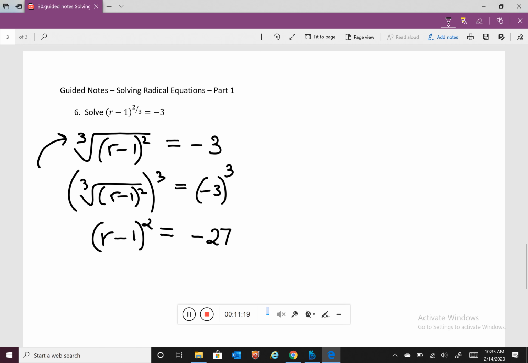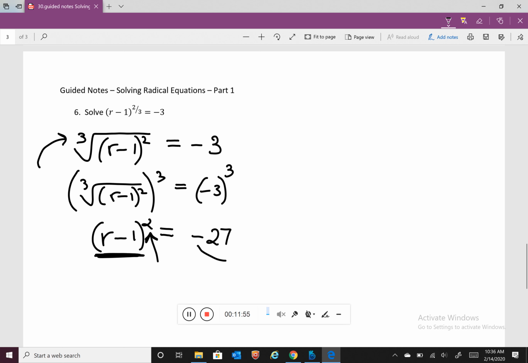Take a few moments there. Notice r minus 1 is being squared. Whatever this is, the least amount that this could ever be is 0. Because if we take any number, subtract 1, but then square it, squaring any number will result in a number that is positive or at the lowest 0.